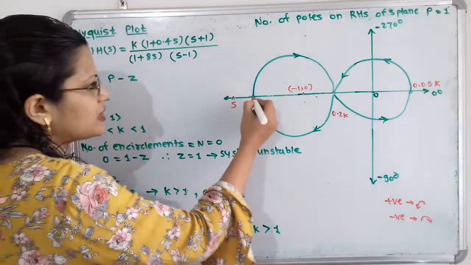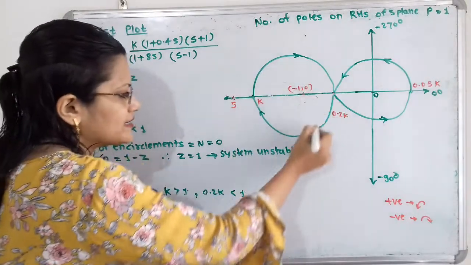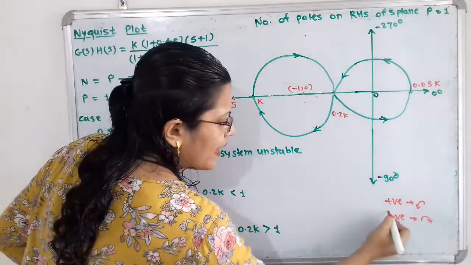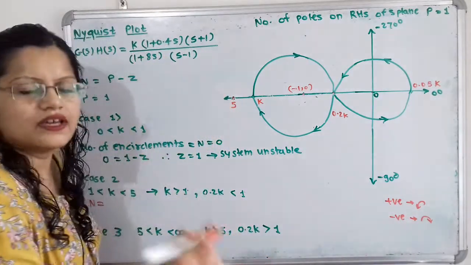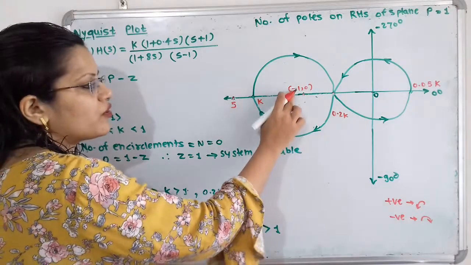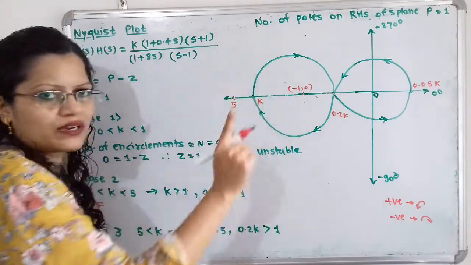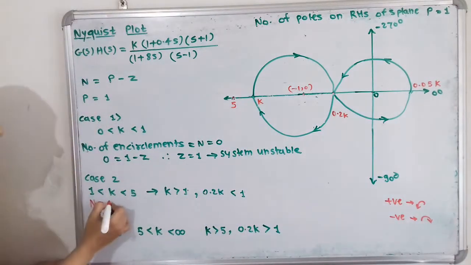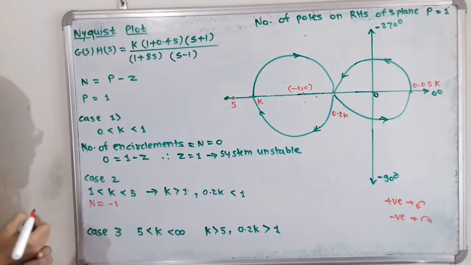So this direction is clockwise. So for this clockwise direction we have to use the negative sign. So the number of circles enclosed for this point is 1, but the direction is clockwise, so N is equal to minus 1.